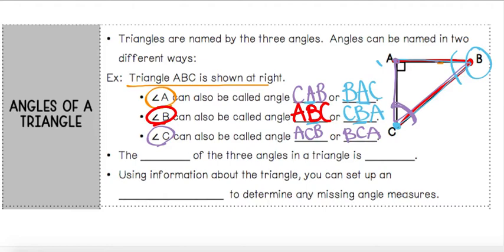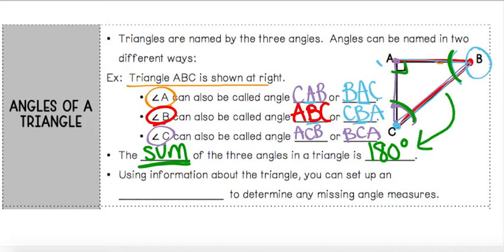Okay. Another really important concept that we're going to be talking about is, it says the sum of 3 angles in a triangle is always going to equal 180 degrees. Remember that sum means addition. So if we add up angle A, angle B, and angle C, if we add all 3 of those, it'll always equal 180 degrees. It doesn't matter how big or small your triangle is, it'll always be 180.